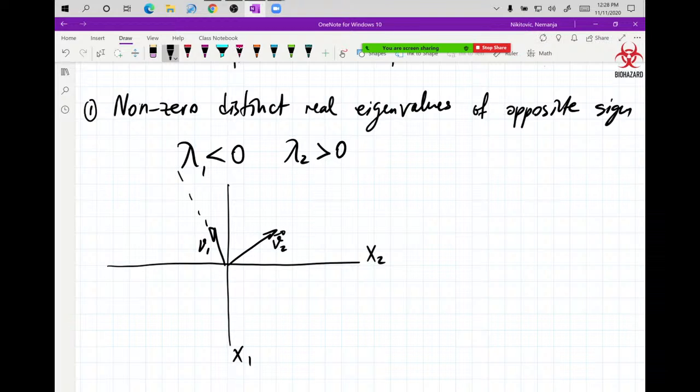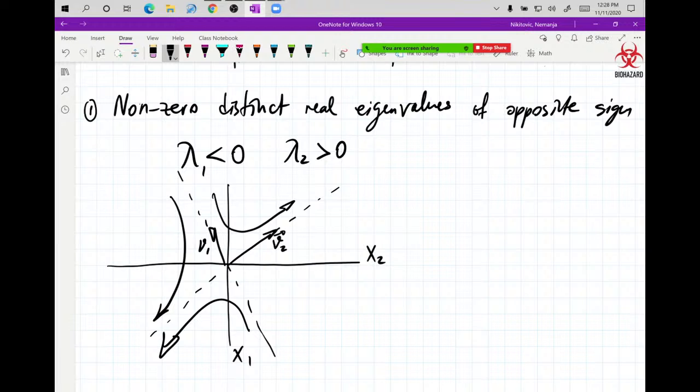Now they create these like oblique asymptotes. They create these regions in which we can draw. And now what you have are solution curves that would appear, let's say, in this quadrant here. They appear in this quadrant here. They appear in this. These are not quadrants, these are like the regions, right? So they can be in any one of these. And this is what the solutions will look like.